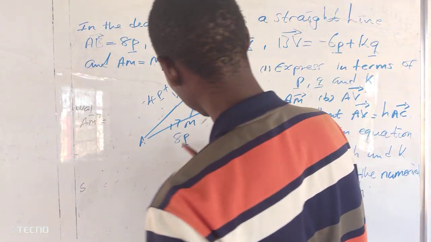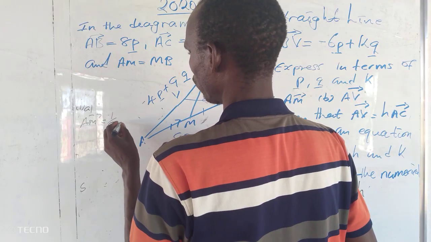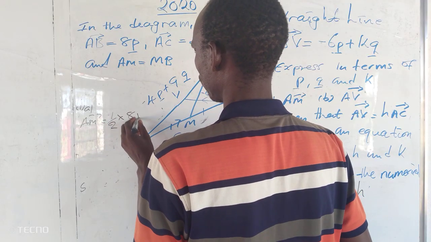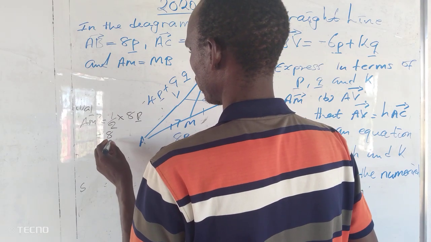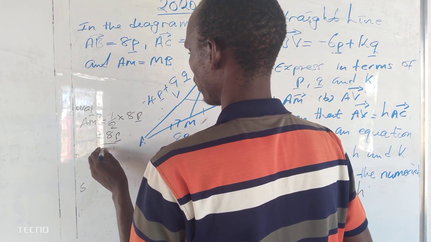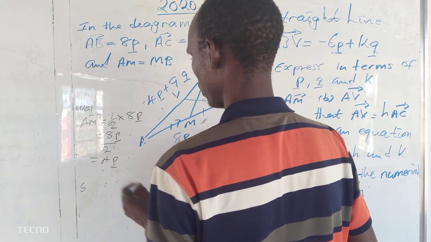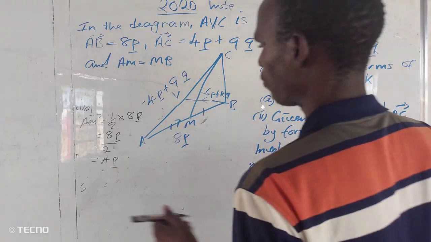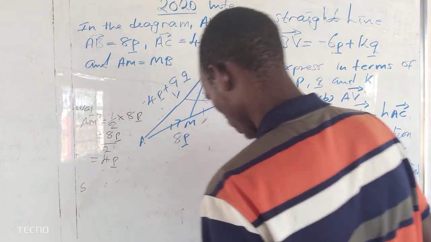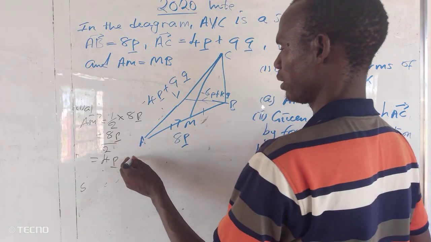So we have M at the middle point, so we have a half times 8 vector P, which is 8 vector P over 2, which is equal to 4 vector P. So in this case, vector AM is equal to 4 vector P.